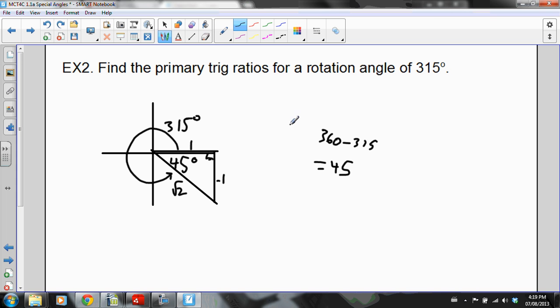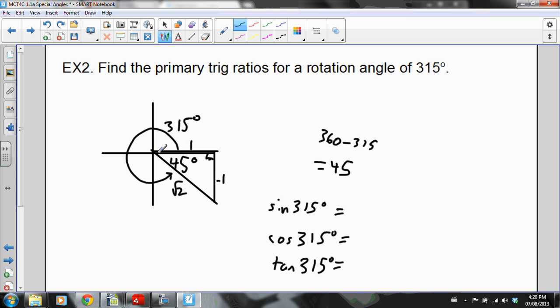So now, if I want to do the sine, cos and tan of 315, I can just read it off of this triangle now.